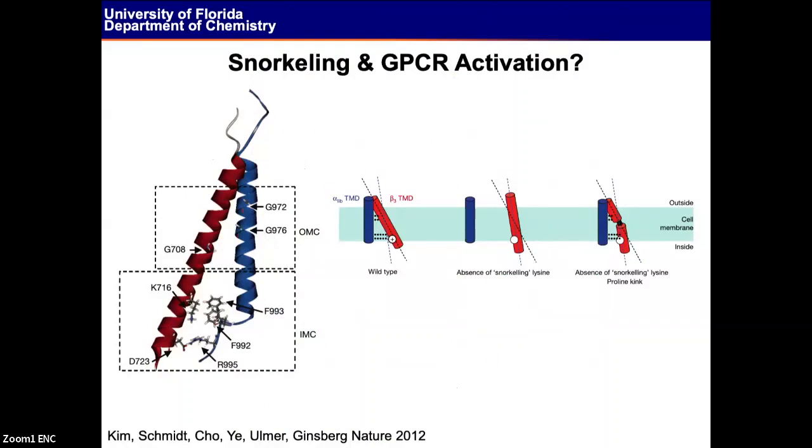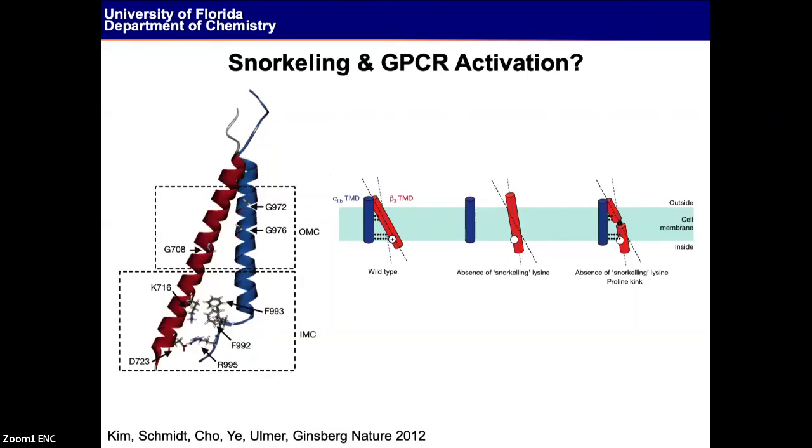So this led us to speculate a potential mechanism for what's going on here, inspired by work by Tobias Ulmer back in 2012: that it was the presence of these charged amino acids near the lipid bilayer interface with the intracellular solvent that mediated a kind of snorkeling effect in helix 6.